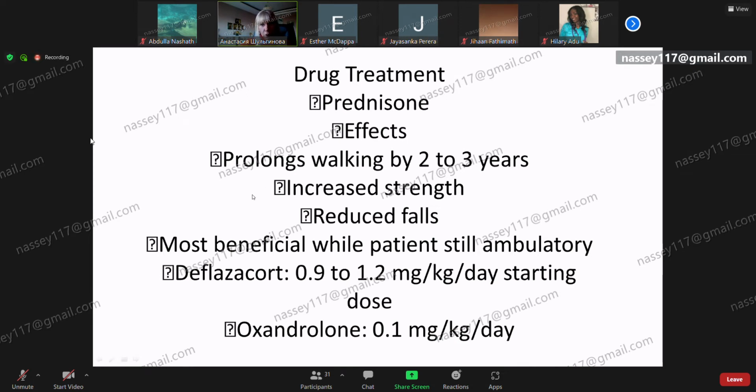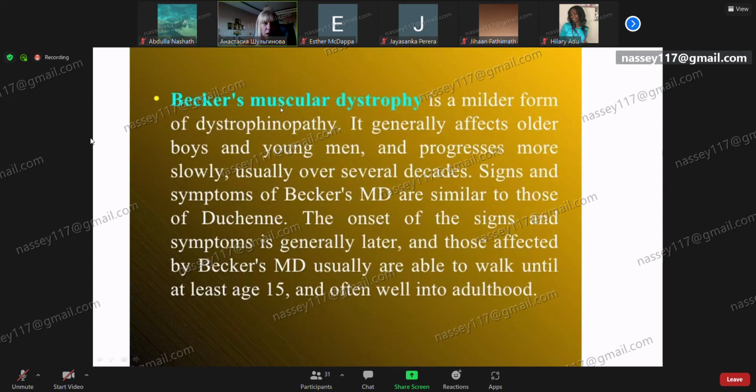Only make it slower. Now, other muscular dystrophies are very similar in clinical signs to Duchenne muscular dystrophy. But what will we say? The speed of progression is slower, the age of debut is much older than in Duchenne muscular dystrophy, and the prognosis is much better.